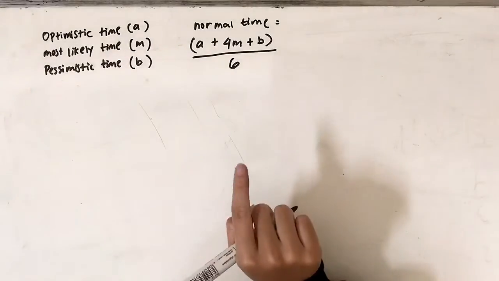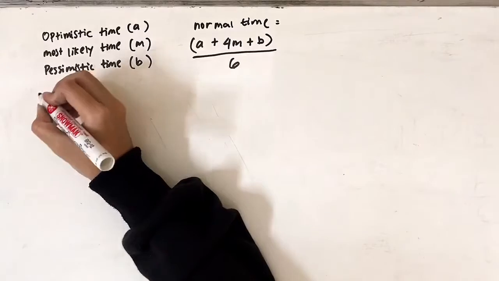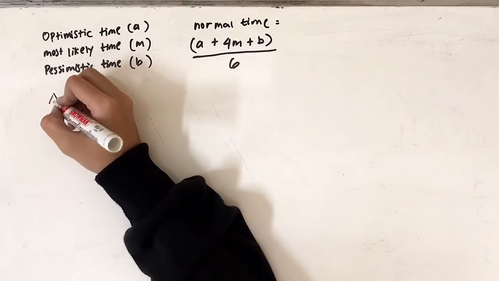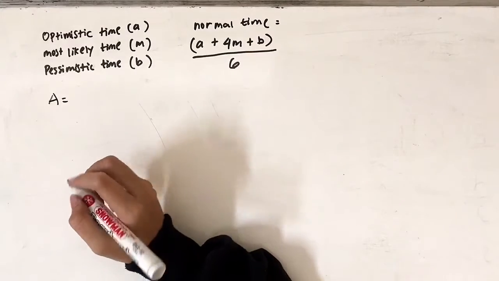And we have to calculate it for each activity. So it's better for us to make a new table like this and compute the normal time using the mentioned formula.